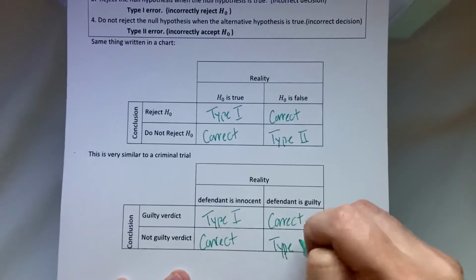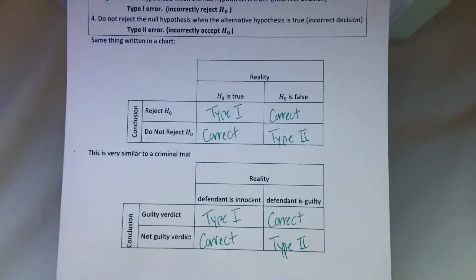Most people tend to think there are times when you really want to avoid type 1. This criminal thing is a perfect example why I think it's arguably better to leave someone guilty out than to put someone who's not guilty away. Maybe you disagree, but I think better to be on the safe side.